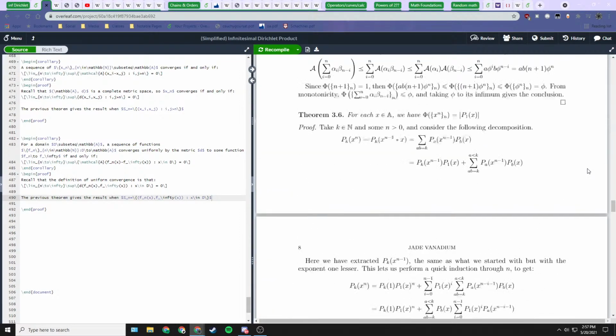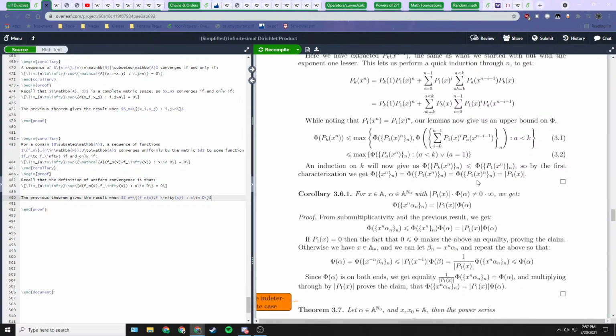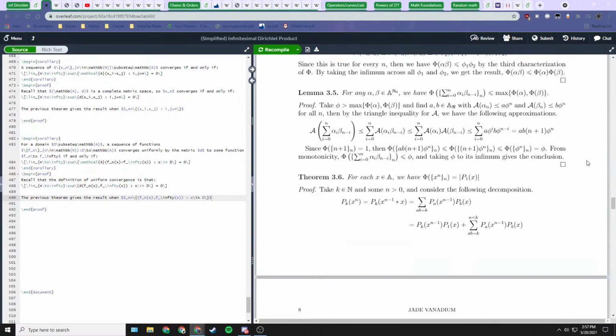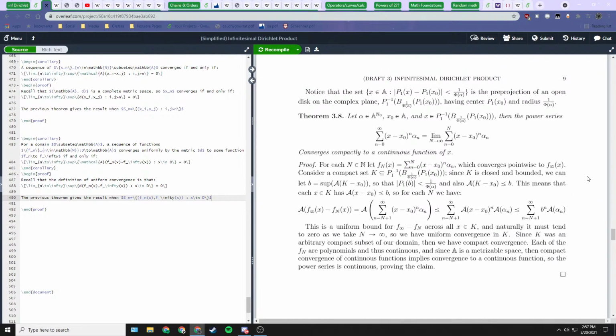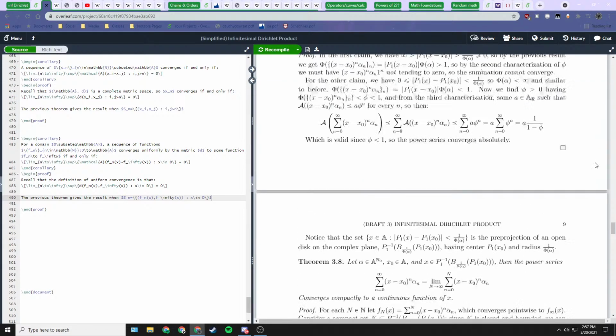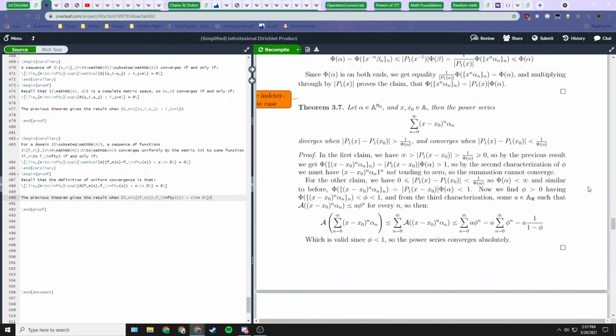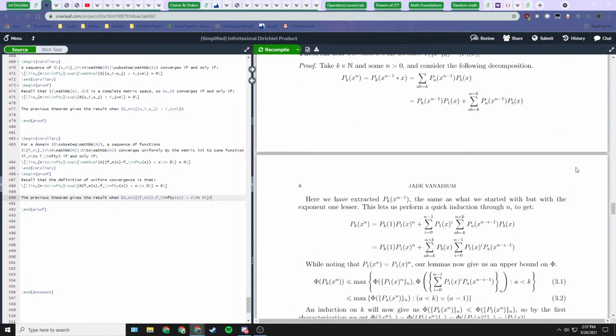Now, next, what we want to do, we've also, of course, conversely, we've determined exactly where it converges, and what we want to do is next we want to do analyticity.